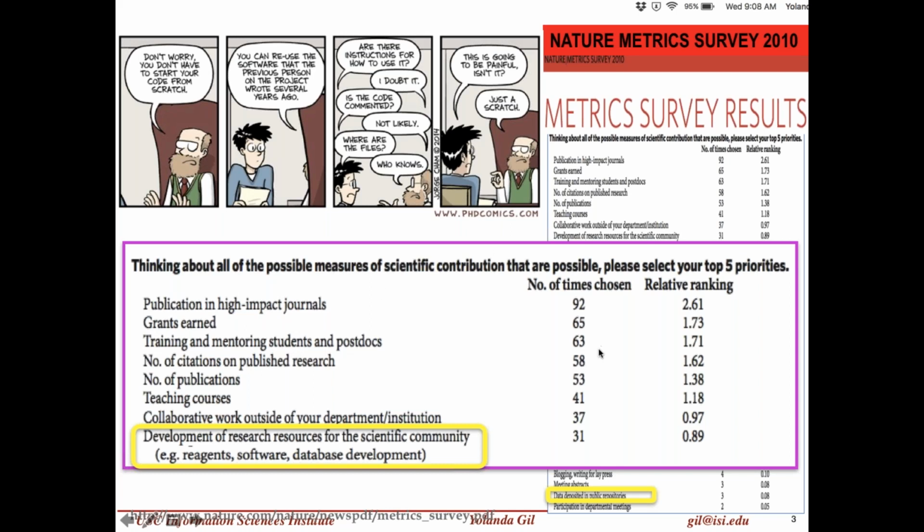And way down in the list, you can see it at the very, very bottom on the right, is the data that they deposit. So this would indicate that scientists value their contributions as software that they write much more highly than the data that they generate for the community. This was very interesting to me.